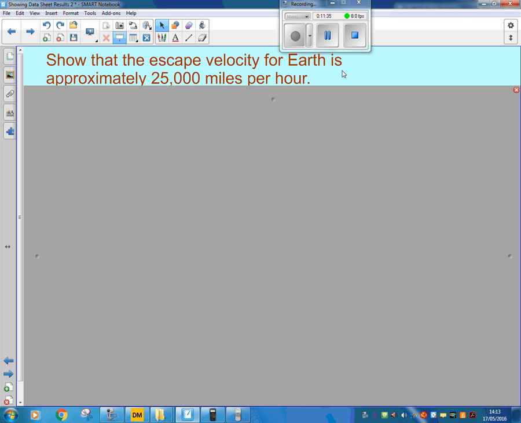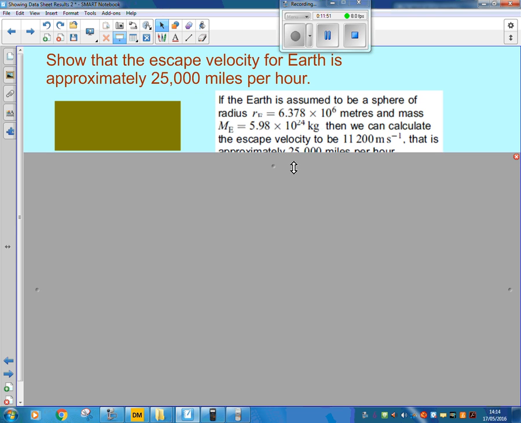Show that the escape velocity for Earth is approximately 25,000 miles per hour. I think this is at the top of page 6. Okay, so let's have a look. We're given a lot of information again here, if the Earth is assumed to be a sphere and so on.